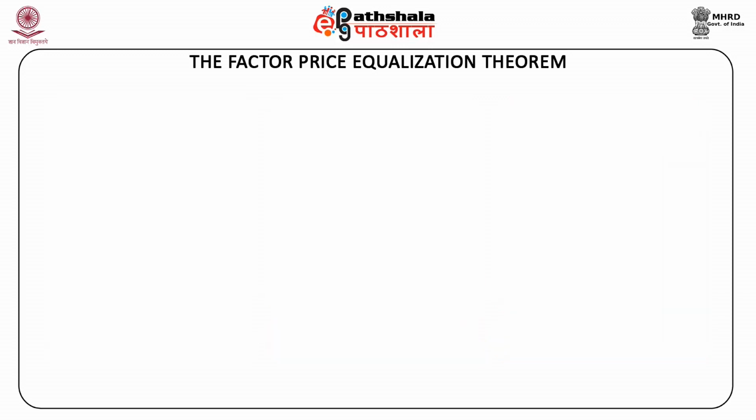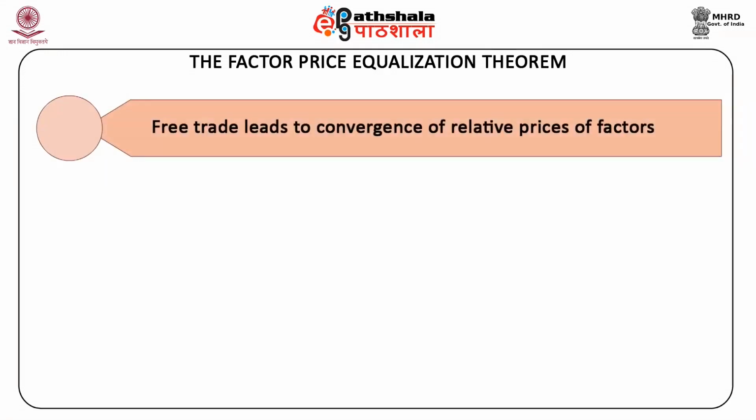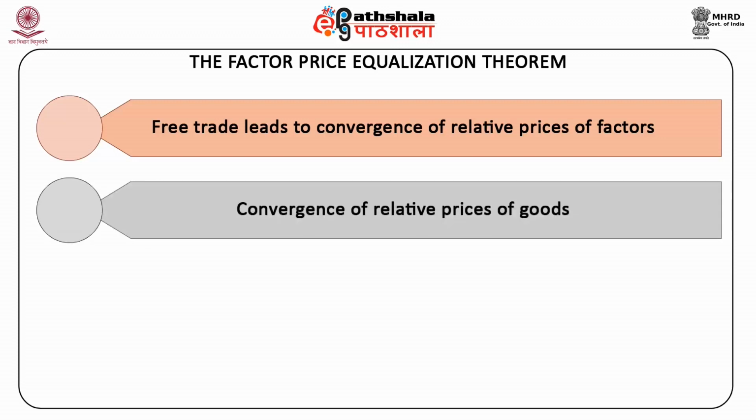According to factor price equalization, free trade leads to convergence of relative prices of factors involved, along with convergence of relative prices of goods. This happens because when two countries trade with each other, along with the exchange of goods, there is an indirect exchange of factors of production.